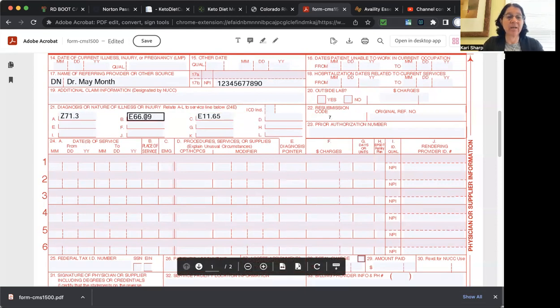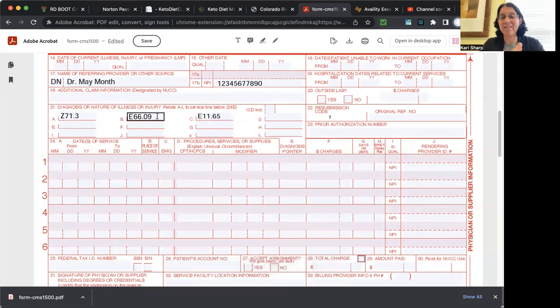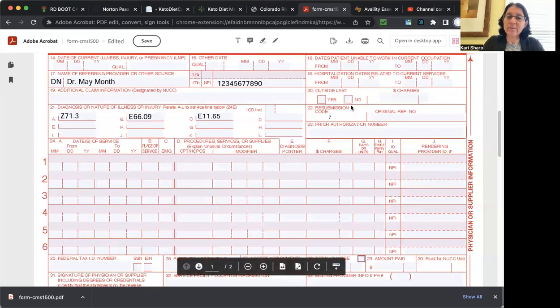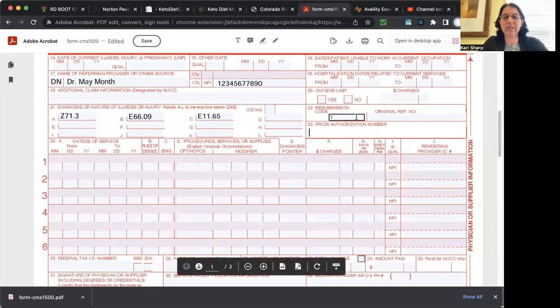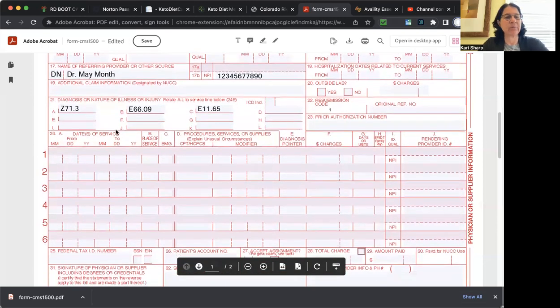Maybe one of our diagnosis codes, maybe we put hyperlipidemia, and they're like, we don't recognize that as a dietitian's code. So you would have to resubmit it, and you would put under prior authorization number whatever the code was for the claim, which you would have from your insurance company. But most of the time, it's just one. You're submitting it for the first time, and here we go.